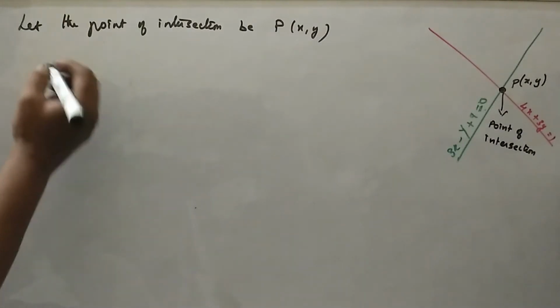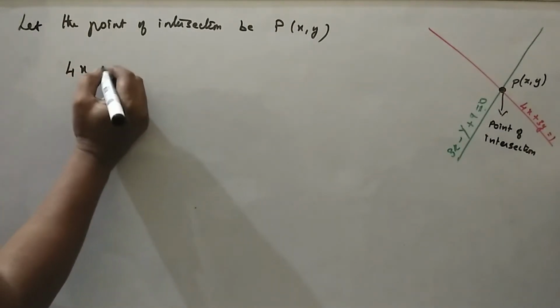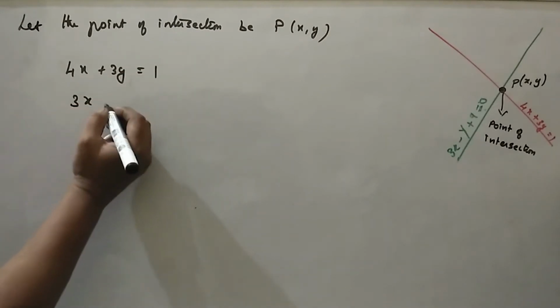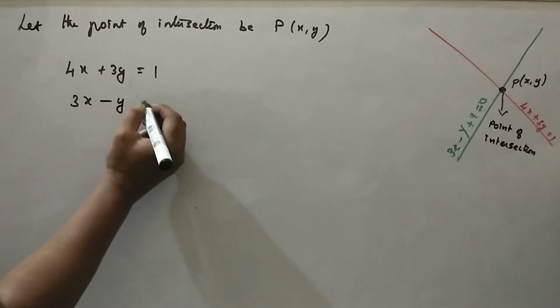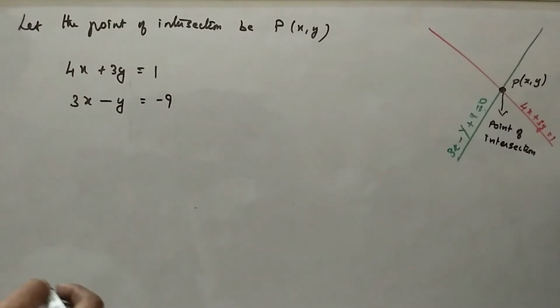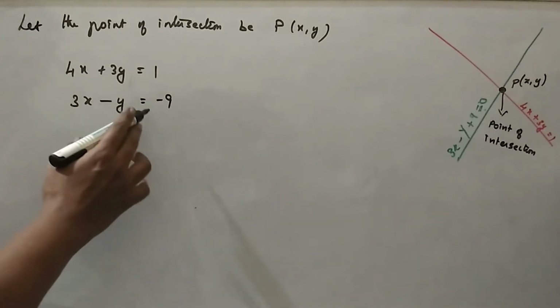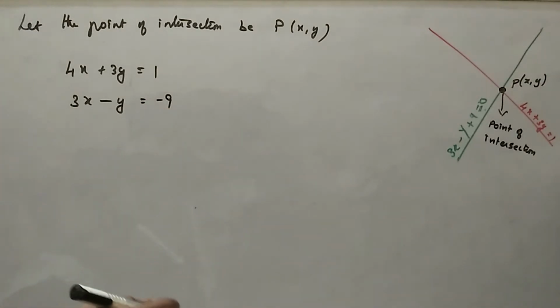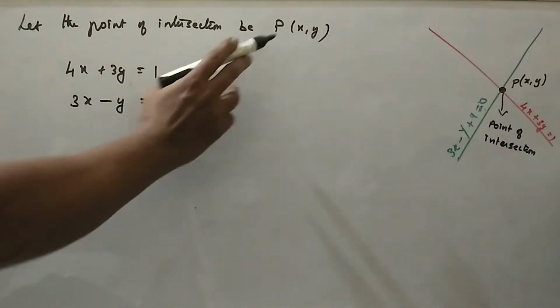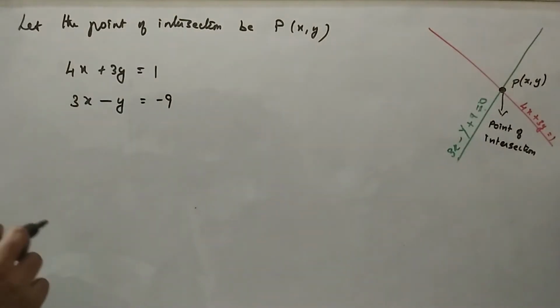Now, two equations. One is 4x plus 3y is equal to 1. The other one is 3x minus y is equal to minus 9. Now, we have to find the coordinates of P. So, we need the x value and y value.